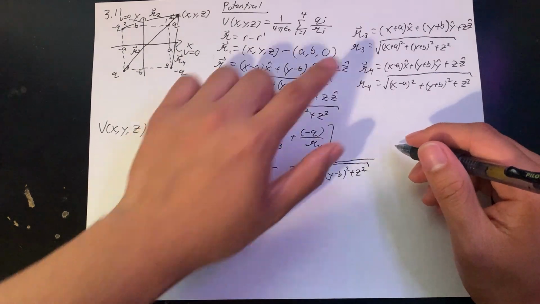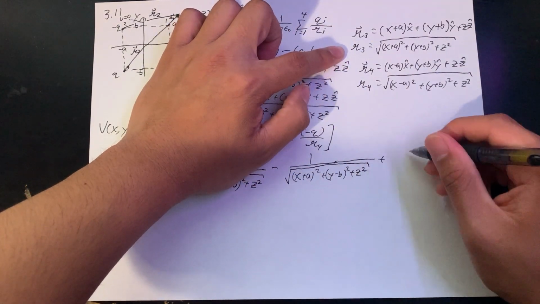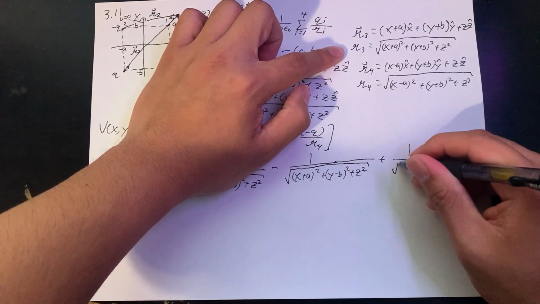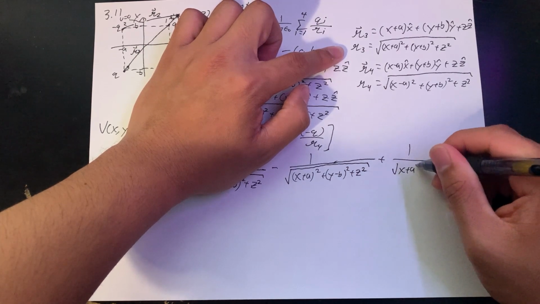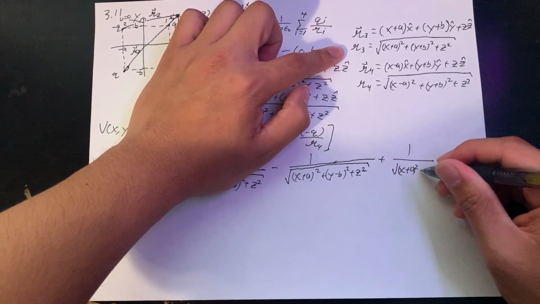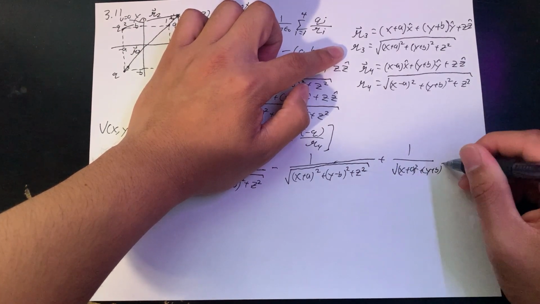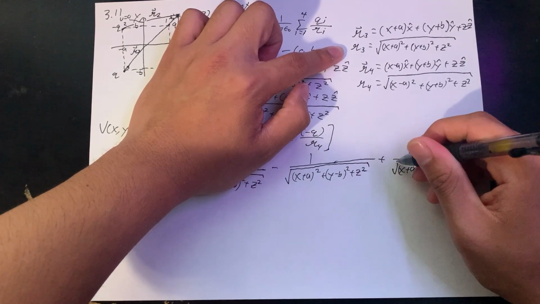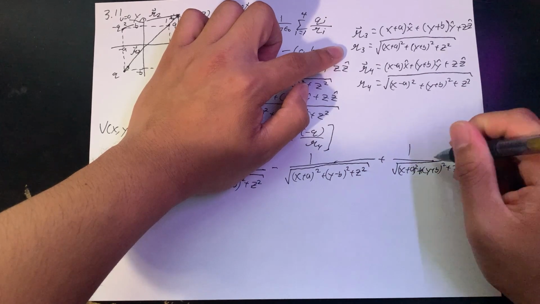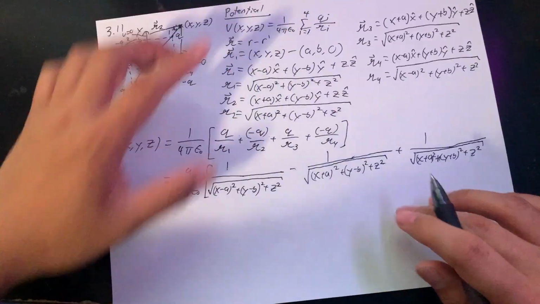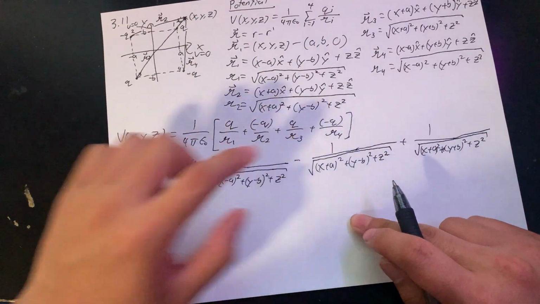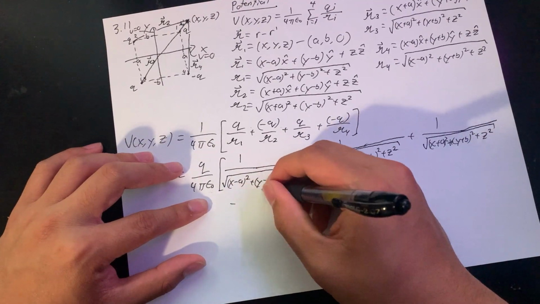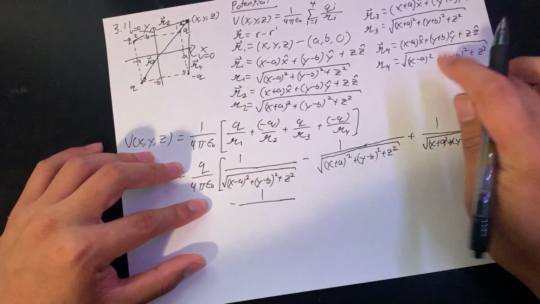Okay, plus our third one, which is over here. Okay, and then I have to write our fourth one down here, which is that one over there.